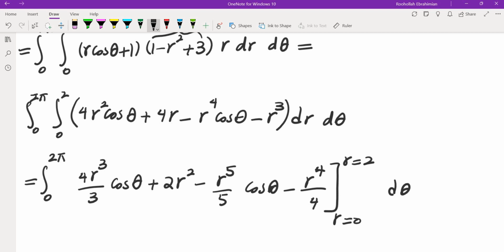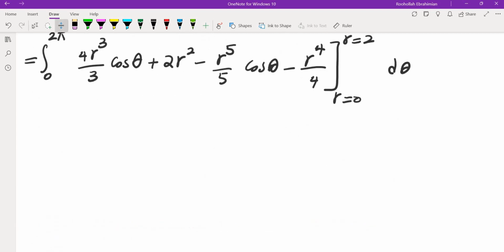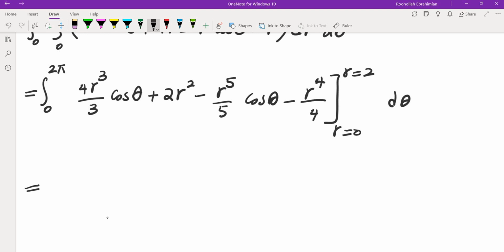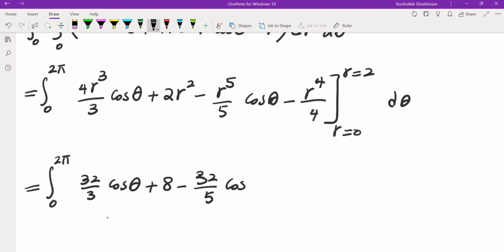And then finally we'll have to integrate with respect to theta. So we can plug in the values. We get 0 to 2 pi. When we plug in 2 here, we get 4 times 8. That's 32 over 3 cosine of theta plus 8 minus 32 over 5 cosine of theta minus 4 d theta.